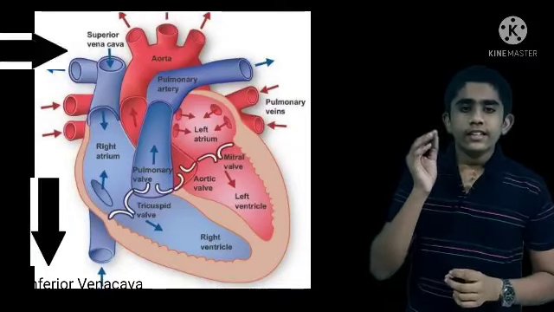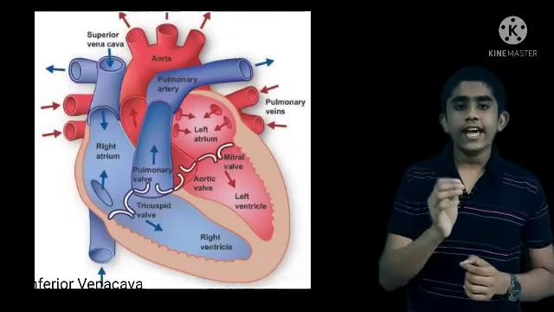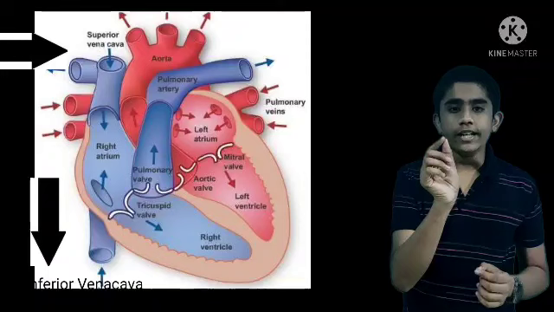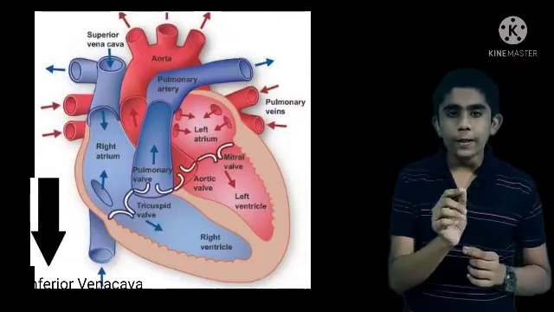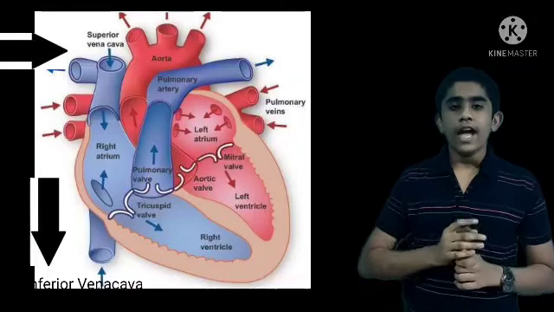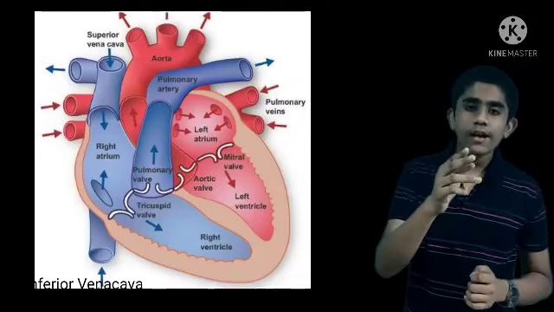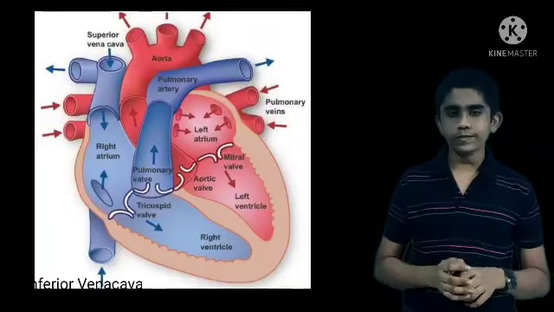Next, inferior vena cava. The veins that carry deoxygenated blood or impure blood from the lower part of the body transport it to the inferior vena cava and to the right atrium.